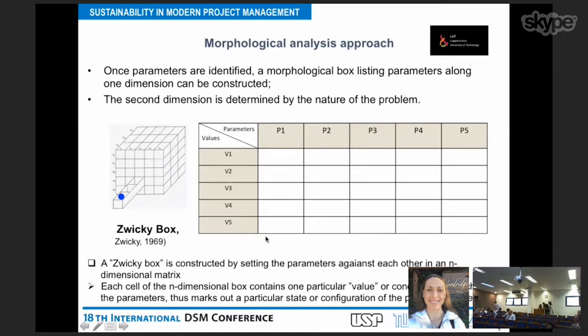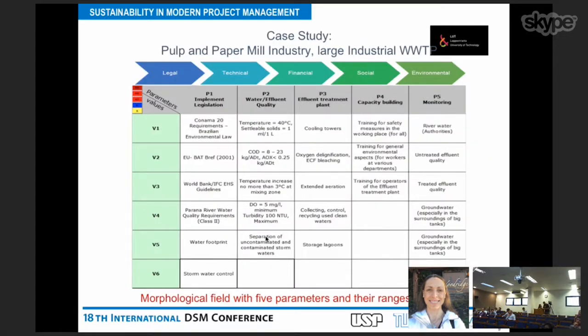This method was invented by Zwicky in 1969, and later a lot of computer tools have been developed for this method. So in our case, we have this case study.